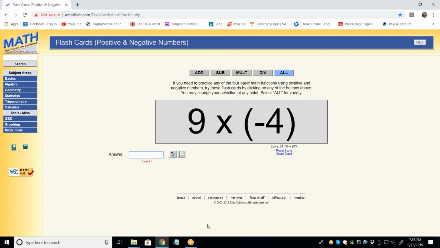Negative 27. No, 36, sorry. Okay. Now, one way I want you to learn the rule of 9. When I am multiplying a number by 9, the 2 digits of the answer have to add to 9. Now, 27 would work. Those 2 digits do add to 9, but that's not the correct answer.